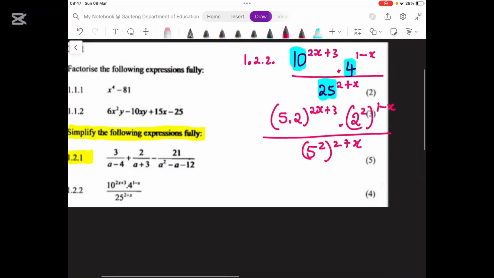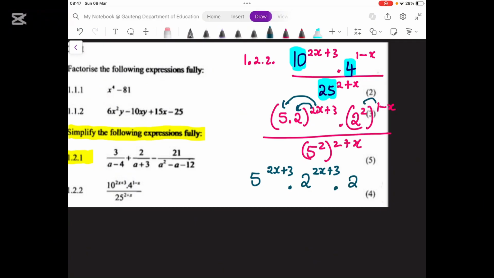So if we remove the brackets here, remember this exponent belongs to 5. It also belongs to this 2. So it will multiply the exponent of 5, which is 1. It will also multiply the exponent of 2, which is also 1. So we are going to have 5 to the exponent 2x plus 3 times 2 to the exponent 2x plus 3 multiplied by, and then 2 times 1, it will be 2.